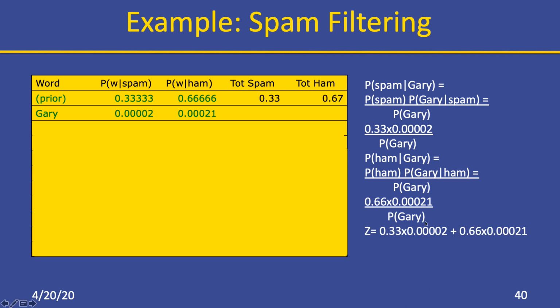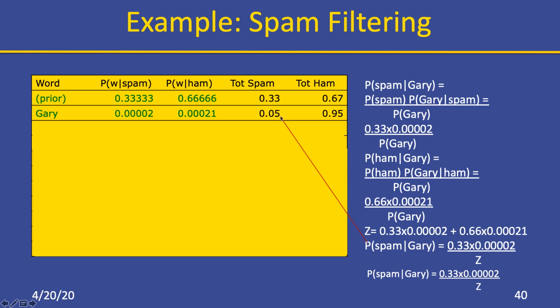So the total here, we add this, and then we divide both quantities by Z. So we get this number here: P of spam given Gary is 0.05, and P of ham given Gary is 0.95. So just by seeing this first word here, Gary, ham wins, right? Ham is much more likely right now, or so far.